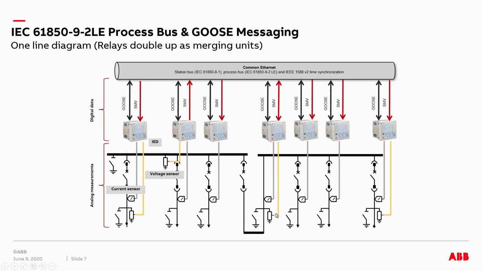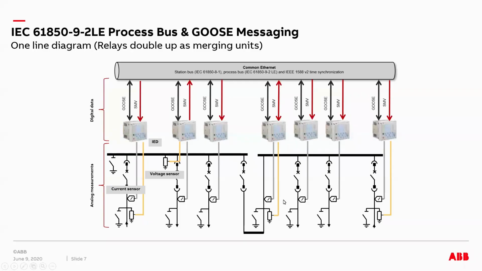So the tiebreaker relay has the bus voltage input, and that voltage is shared between the relays on bus B. So there is no wiring required between multiple relays from the same voltage sensor, or in the traditional sense, from the same PT. We are using sampled value sharing here. And each panel has its own respective current sensor.